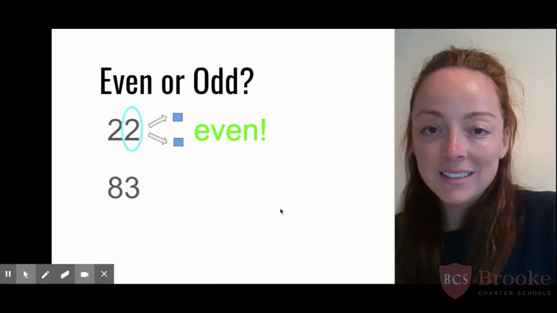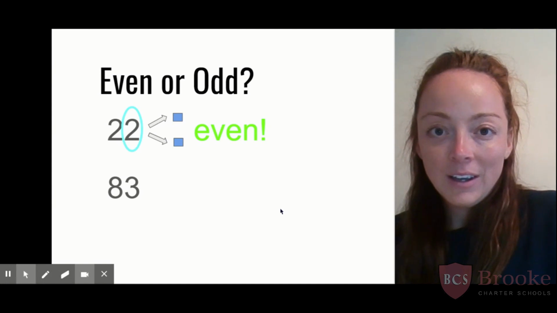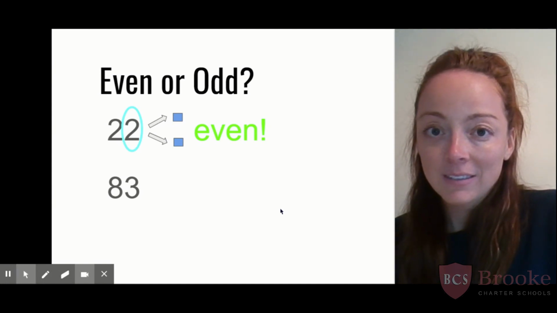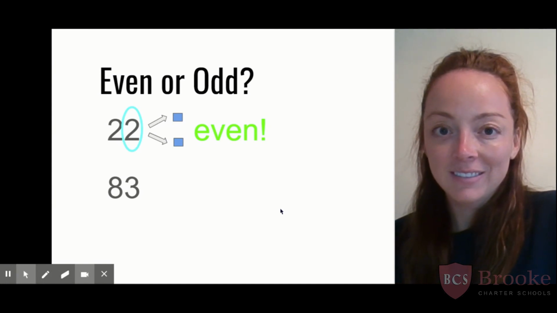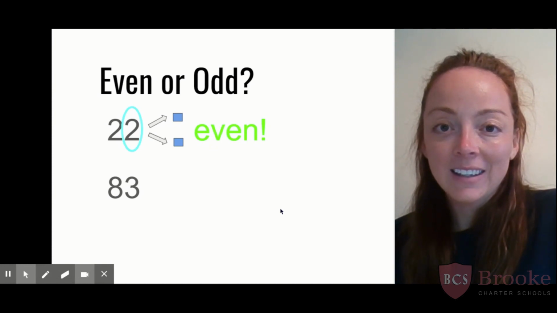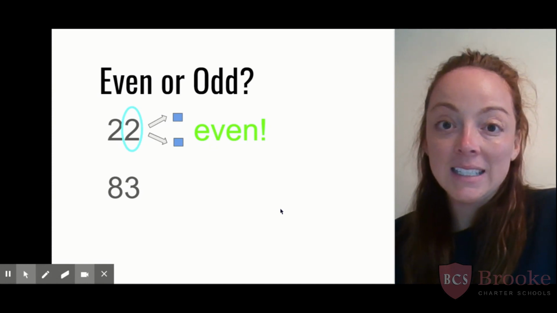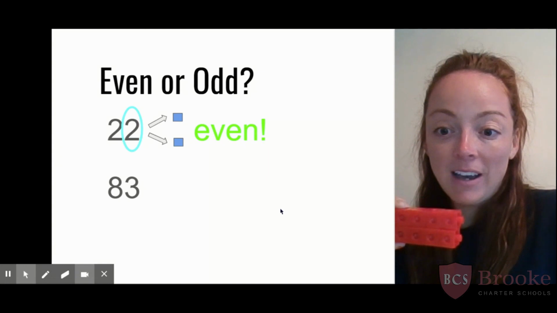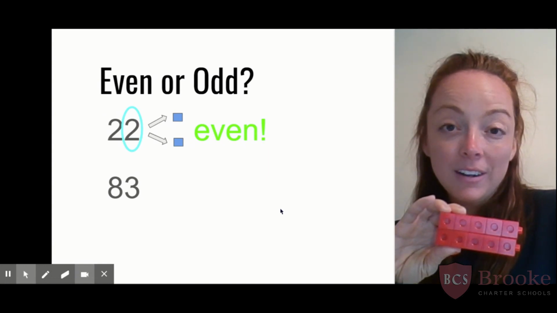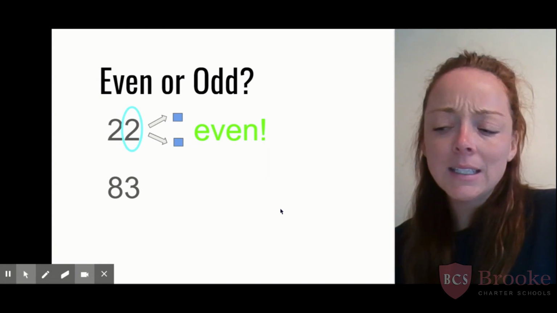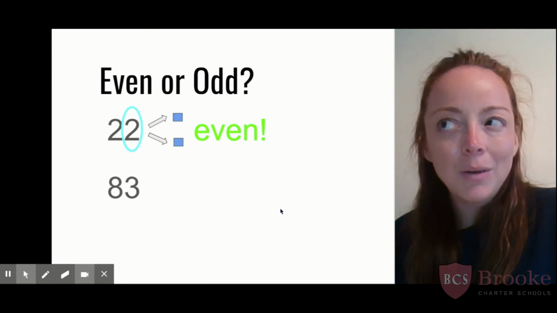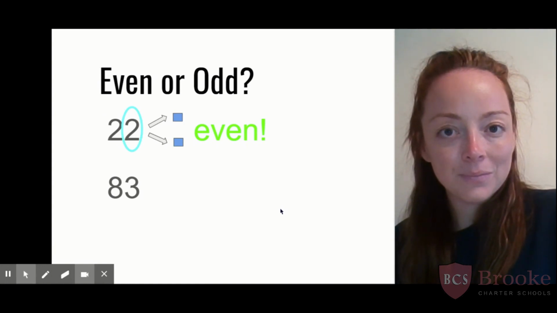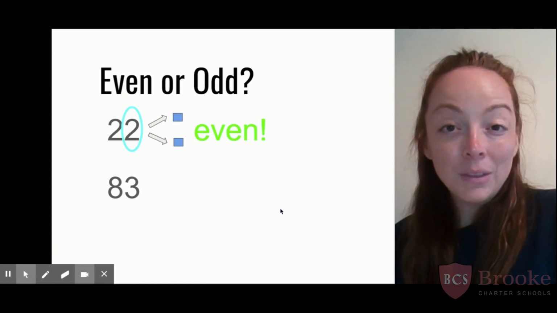This number is, good, 83. How many 10s are in 83? Nice, 8. Now, we know we can always split 10s evenly, 5 and 5, and make it fair. So instead, let's really think about the ones. How many 1s are in 83? Good, 3.